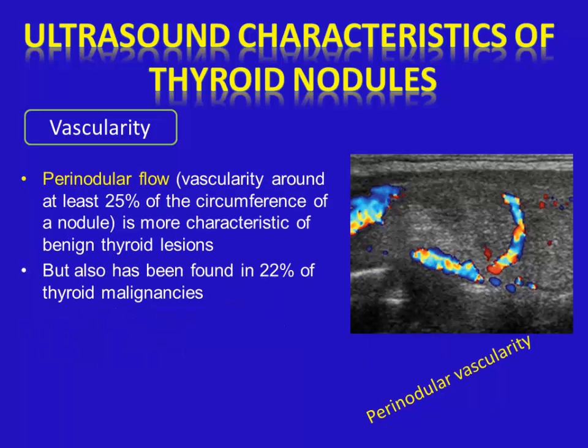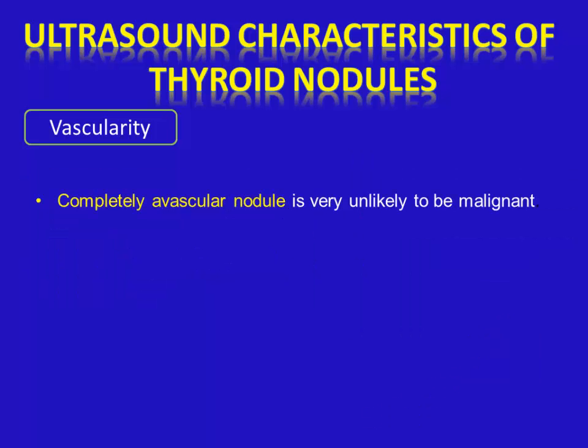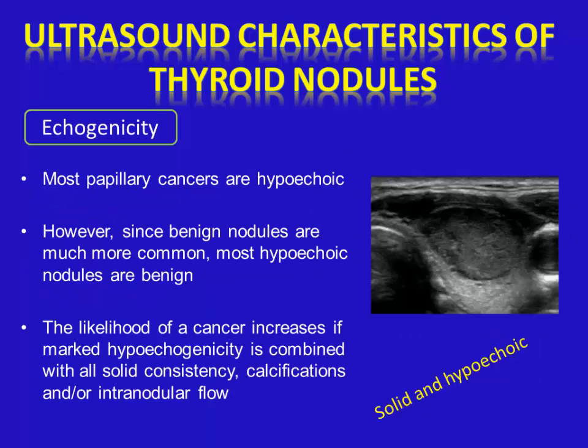On the other hand, perinodal flow, which is defined as at least 25% of the circumference of the nodule showing this increased vascularity, is a sign of being malignant, but unfortunately it can happen also in 22% of thyroid cancers. Completely avascular nodules are unlikely to be malignant.